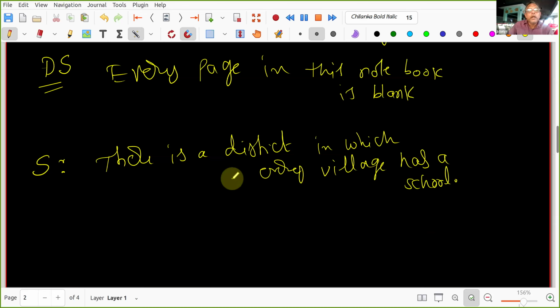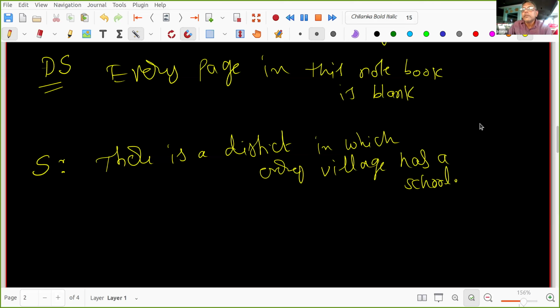Here, what is the set? Somebody can comment what is the set here, for the statement: there is a district in which every village has a school. Some ambiguity may be there.